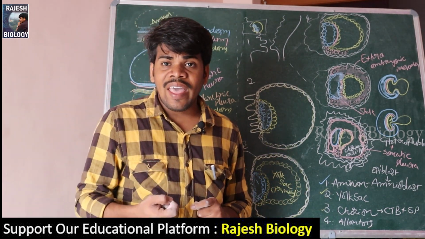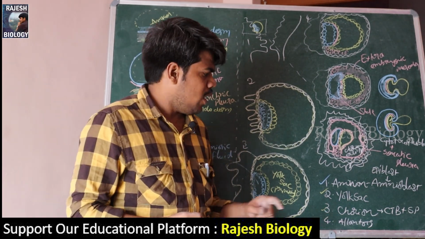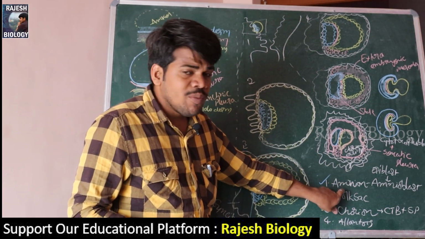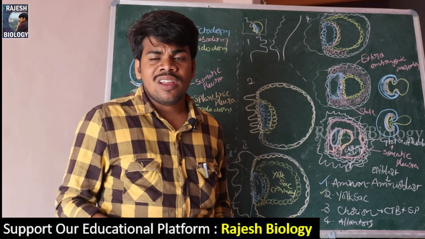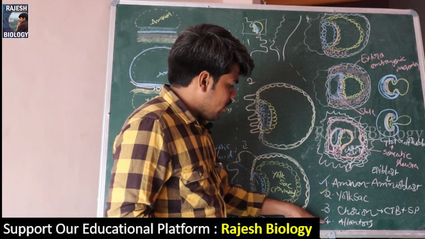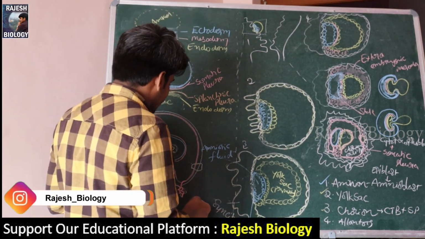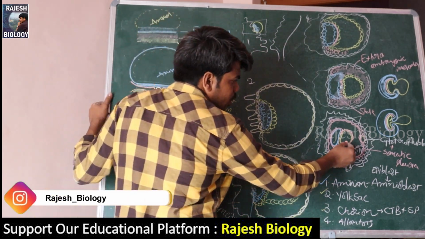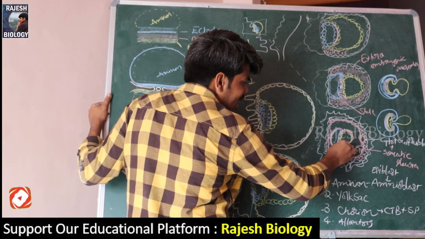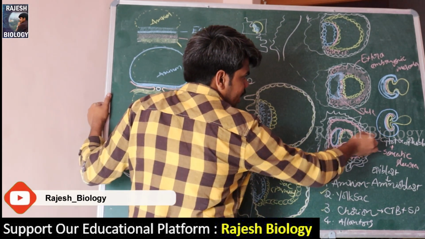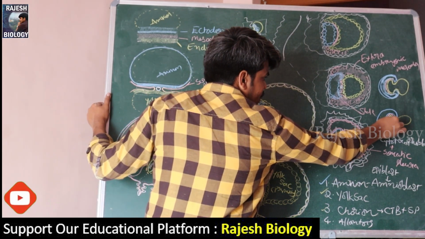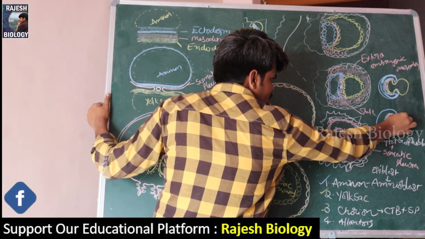From where is the allantois formed? After all this extra-embryonic membrane formation, in a late manner, the allantois evaginates. If you observe here, it evaginates from the hindgut. This gut is actually formed from the yolk sac only.